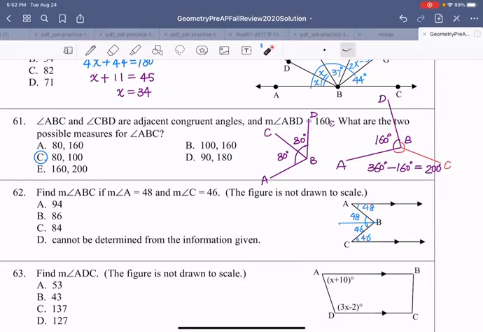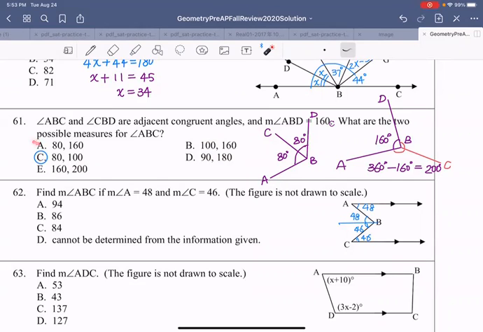You might ask me, teacher, what will happen if I'm not able to figure out this puzzle? I only get this. How can I choose the correct answer? Number one, you are 100% sure this is the correct one. So 80 has to be in your answer choices. This one, no, no, no.